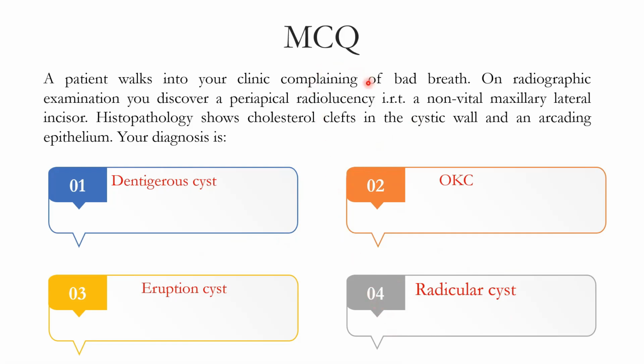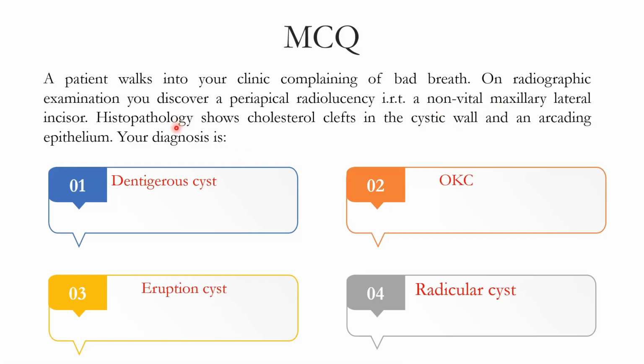The patient has no clue that he has this lesion. He has come complaining of some other thing, but you might have taken a radiograph to check for pockets or something else, and then you see a periapical radiolucency in relation to a non-vital maxillary lateral incisor. You might have seen even during clinical examination that there is either a cavity or a trauma in relation to the lateral incisor.